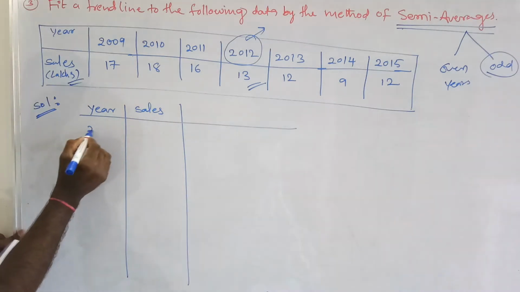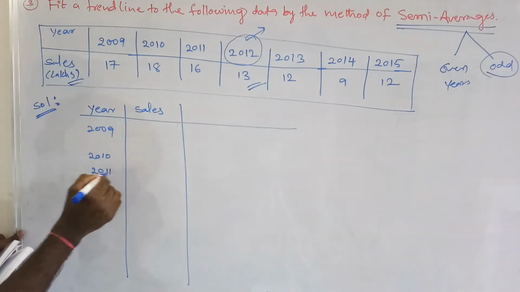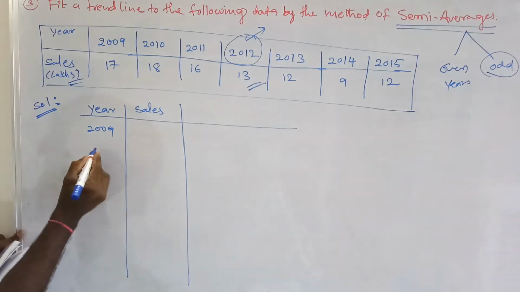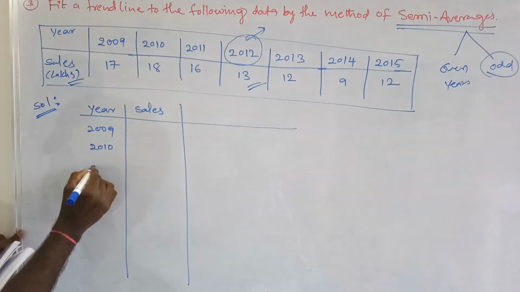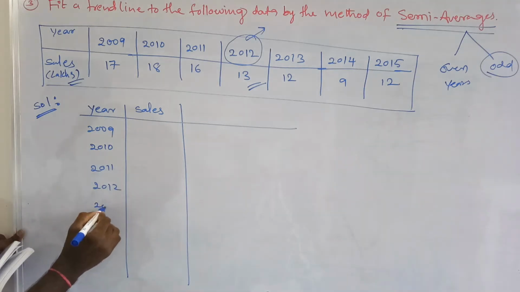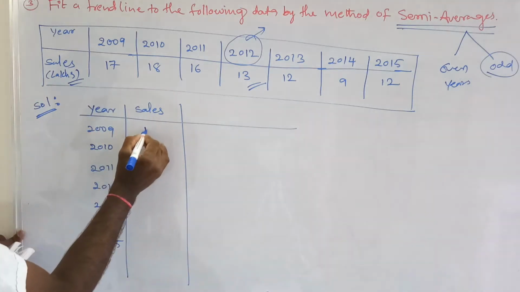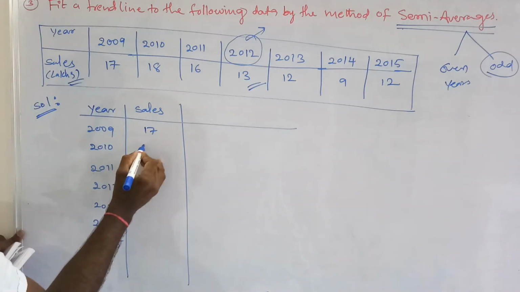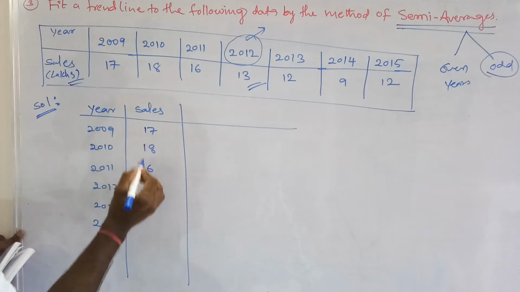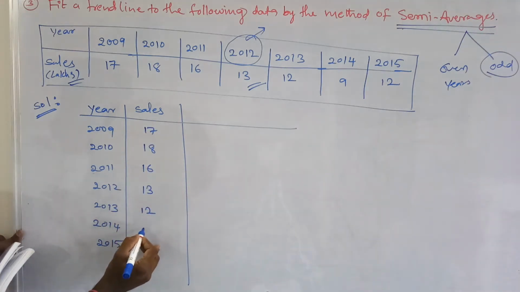The years are 2009, 2010, 2011, 2012, 2013, 2014 and 2015. The sales are 17, 18, 16, 13, 12, 9 and 12.